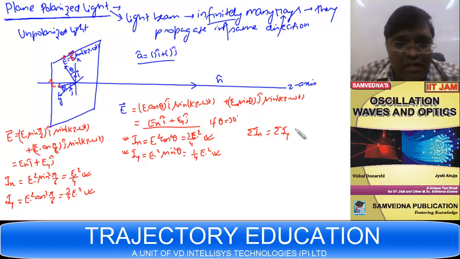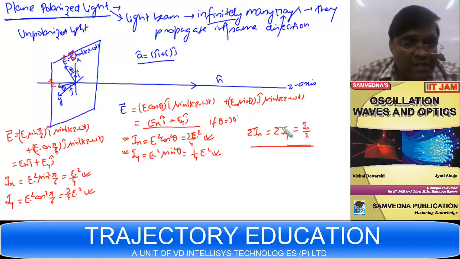Intensity will be equally divided in x and y. The intensity of all the x vibration and the intensity of all the y vibration must be equal, and that should be equal to I naught by 2. That's the case of unpolarized light.